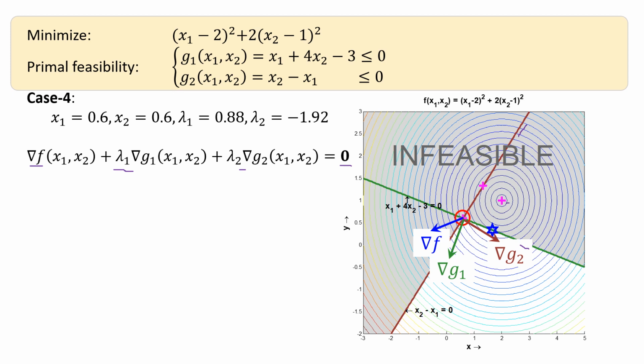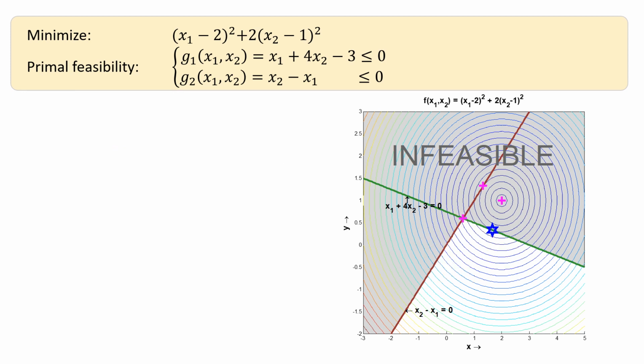And you can see that no way will a combination of del G1 and del G2 with positive weights lambda 1 and lambda 2 make this stationary condition be satisfied. So this is a valid solution, but it's not optimum.